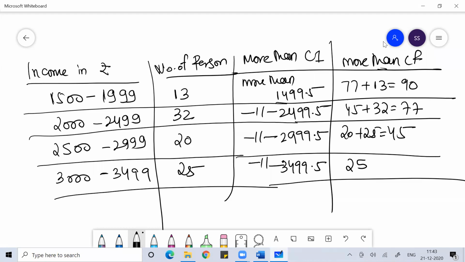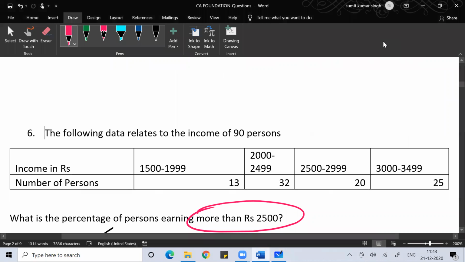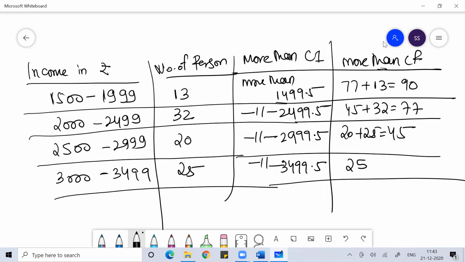So what is the question? The question is how many are earning more than 2500.